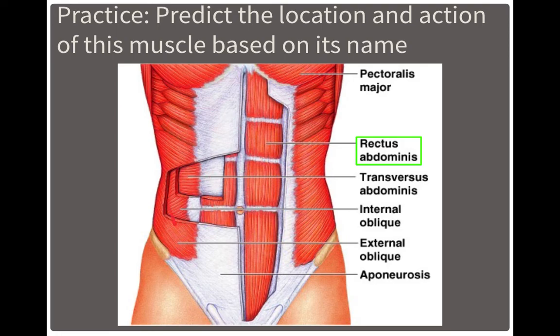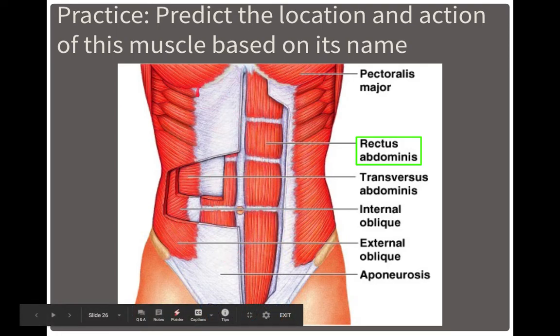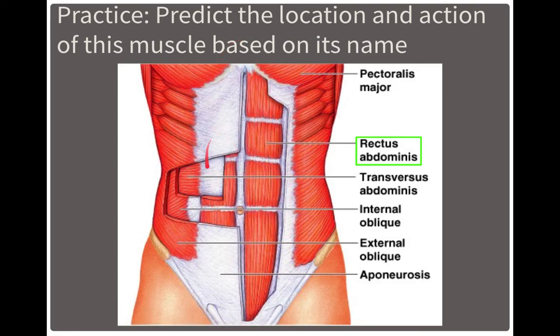You can see that there's this sheet of connective tissue that actually covers them, that's being cut away to show you all of the muscles of the abdominal wall. And so that sheet is called an aponeurosis. And it's the reason why a six-pack is so hard to achieve, because you do have a sheet that's covering it, and then of course you have skin and fat that's covering that.